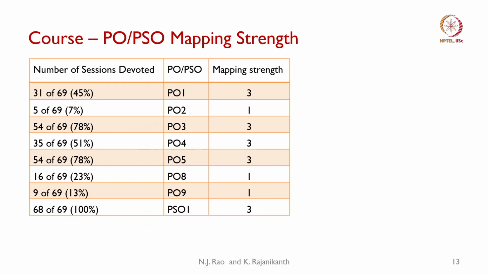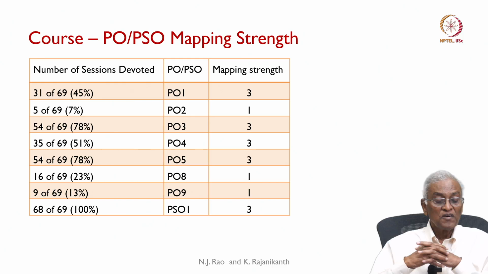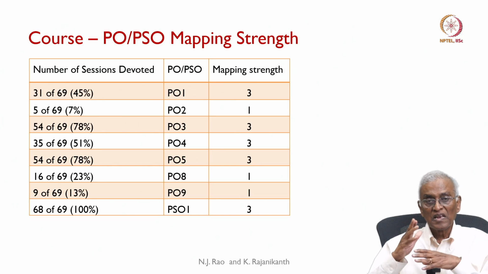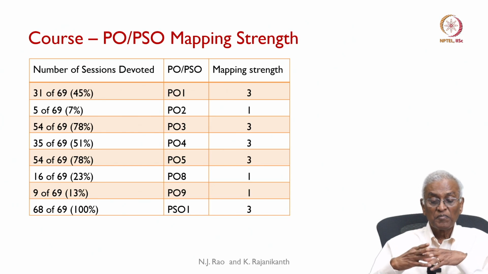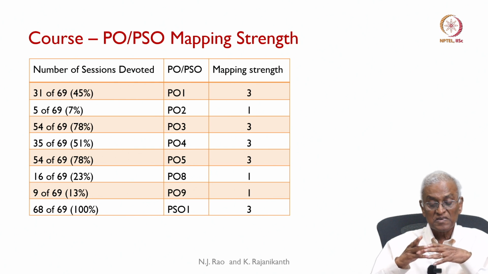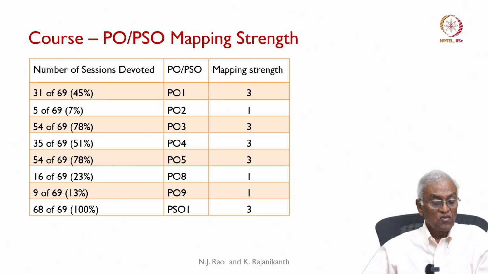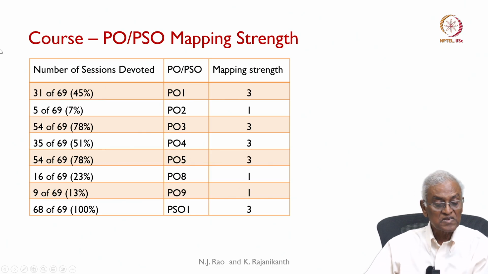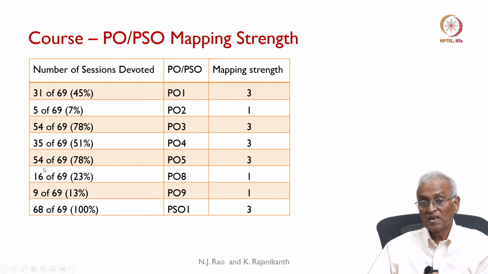That means it is 45%, and anything more than 40% is level 3. So the mapping strength is 3. And 5 of 69, obviously, is 7%, so it will be 1. So that is how we identify the mapping strength for each PO through this course.